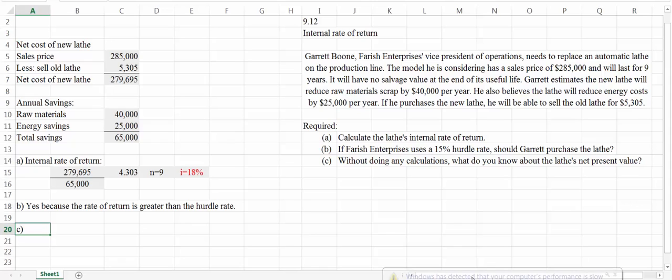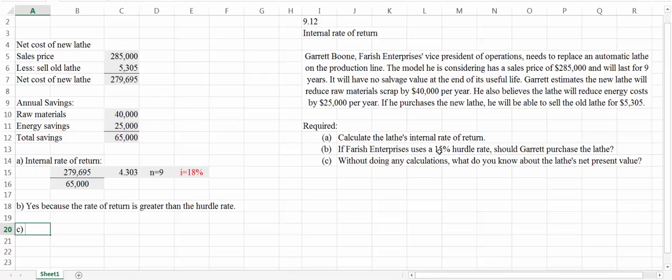Okay, finally, they want to know, without doing any calculations, what do you know about the lathe's present value? All right, so what do we know about the lathe's present value? We know that the lathe's present value is positive, and the reason is that its rate of return is greater than the hurdle rate.